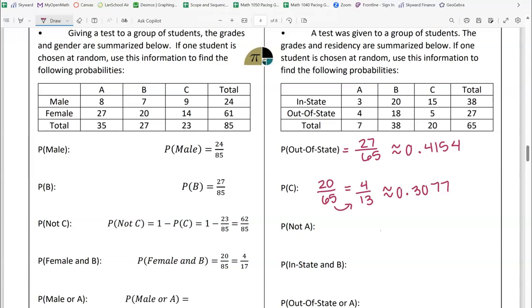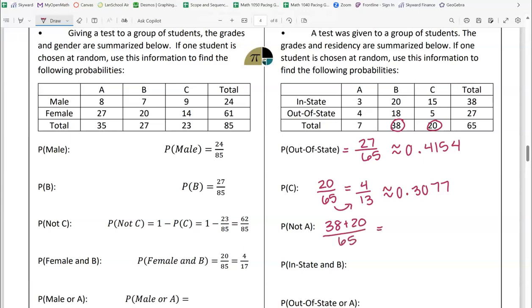Okay. Probability of not an A. There's two ways you can look at this. You could say, well, everybody who didn't get an A either got a B or a C, and you can do 38 plus 20 out of your 65 students.